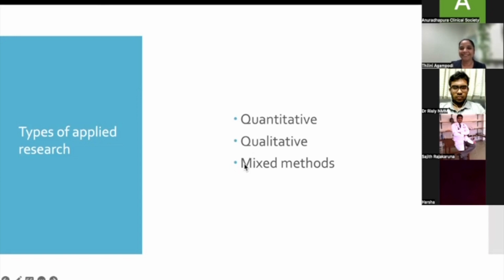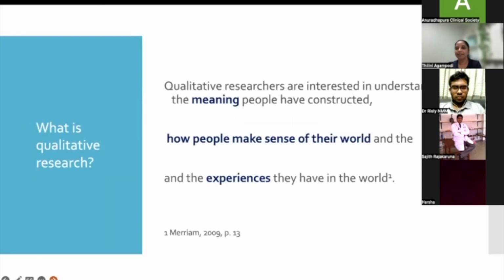So that is a step further going into mixed methods. Okay, so let's learn what qualitative methods are. Let's just peep into what qualitative methods are, right?